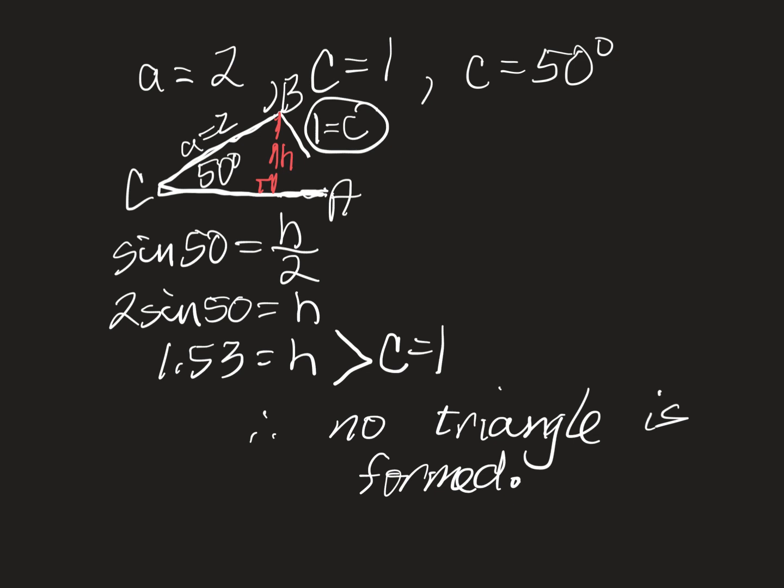The only other thing that would happen is C and H are equal, and that would mean you'd have a right triangle. So then you could just use Pythagorean theorem to find the missing side and complementary angles to find the missing angle. So that's it. That's how you do law of sines. You are now free to do some problems.